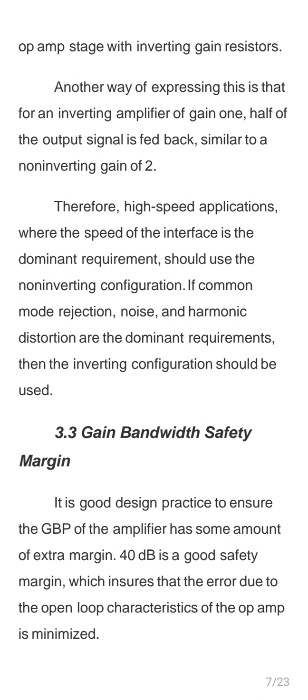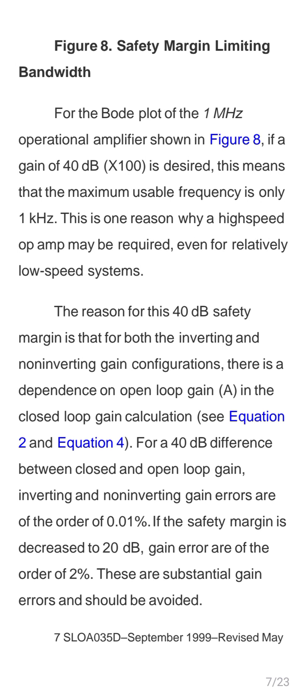A 40 dB is a good safety margin which ensures the error relative to the open loop characteristics. For a 1 megahertz operational amplifier with a gain of 40 dB, this frequency is desired and is required for a high speed op-amp.